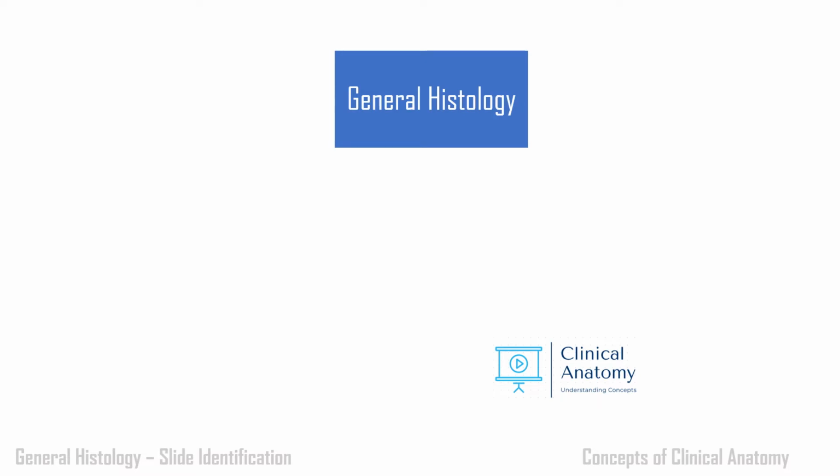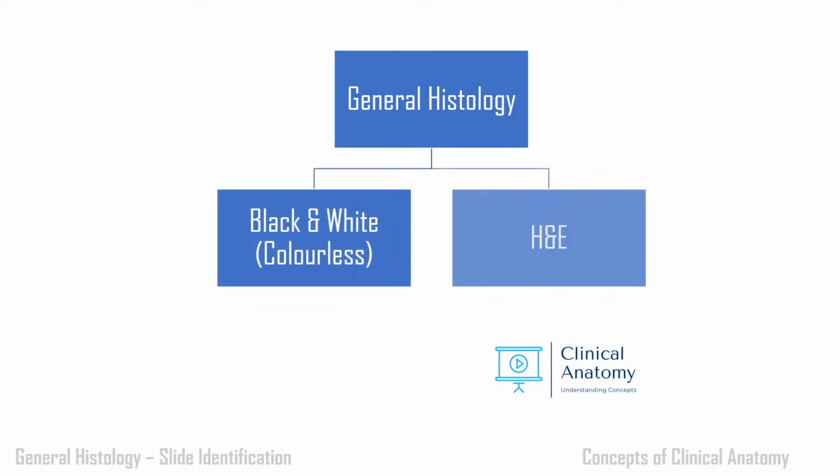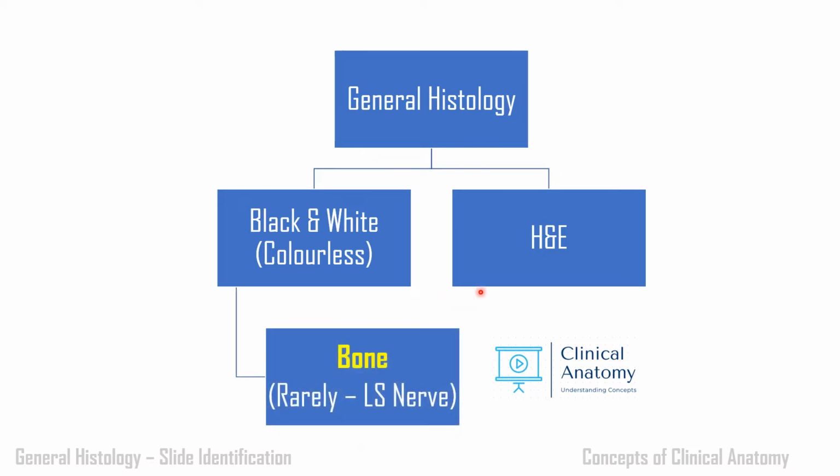First we'll start with the slides which have colorless images and are not H&E stained. In general histology, the colorless one, that is the black and white, is the bone, TS and LS of bone, and in some places we have the LS of peripheral nerve also as an unstained slide.